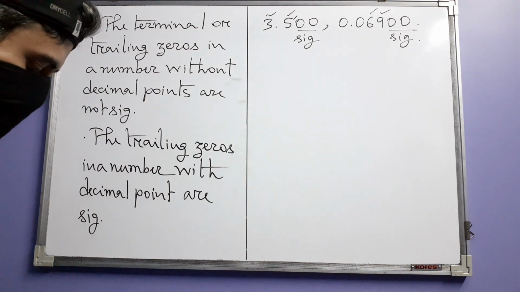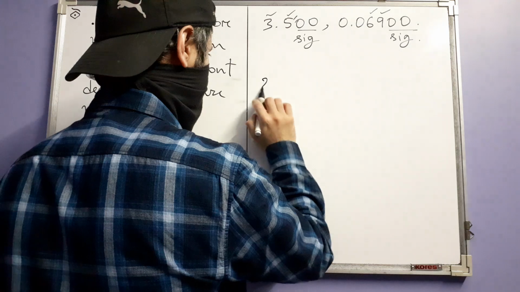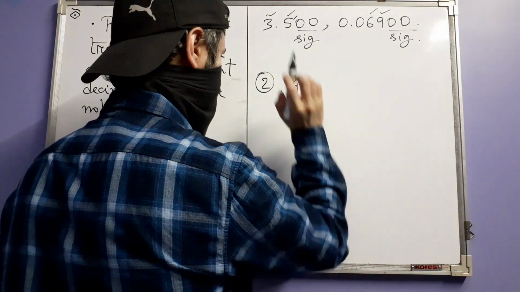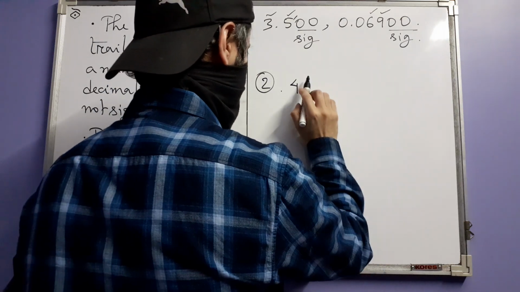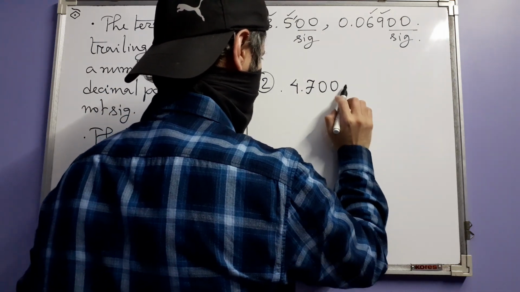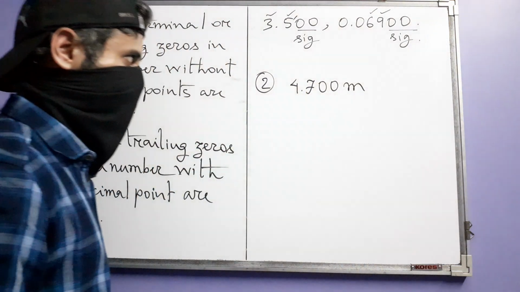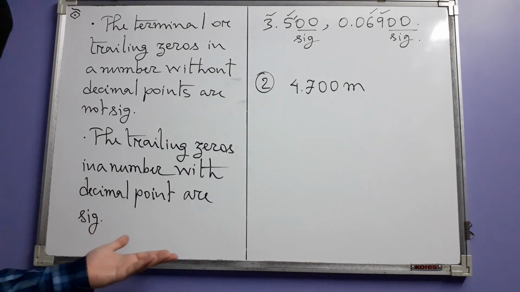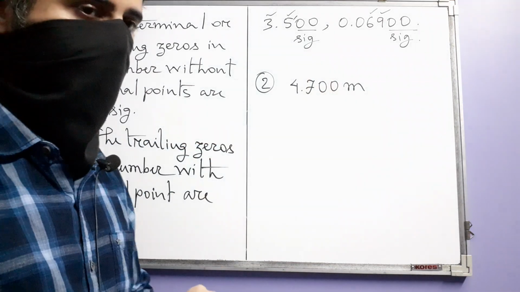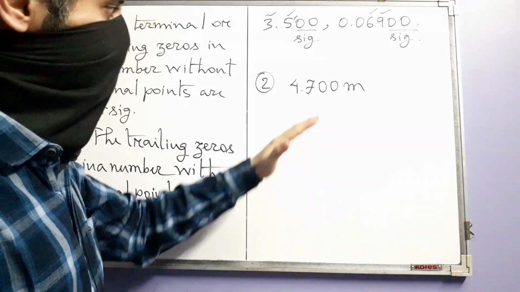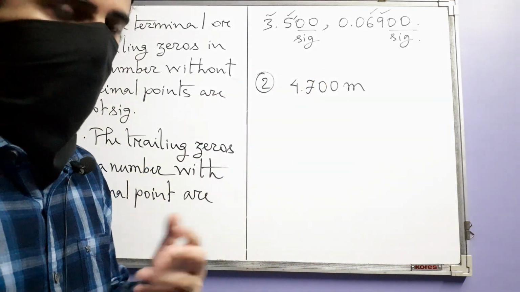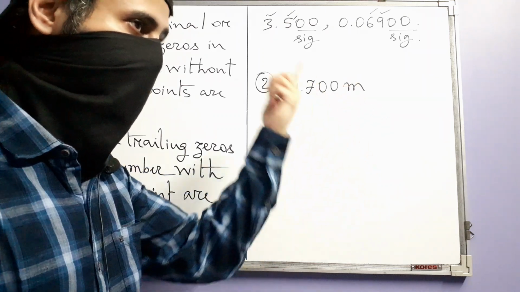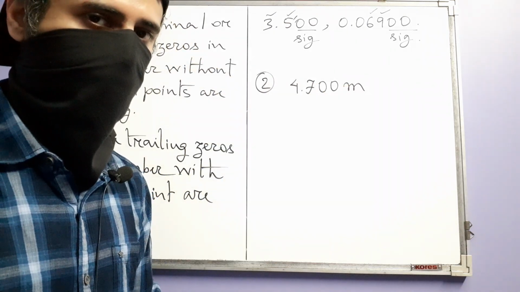And that confusion is this. Say someone has this record of some length of 4.700 meter. According to this last rule, this 00 should be significant. Oh, by the way, why do we make this rule? We make this rule to say what the accuracy of that measuring device is.